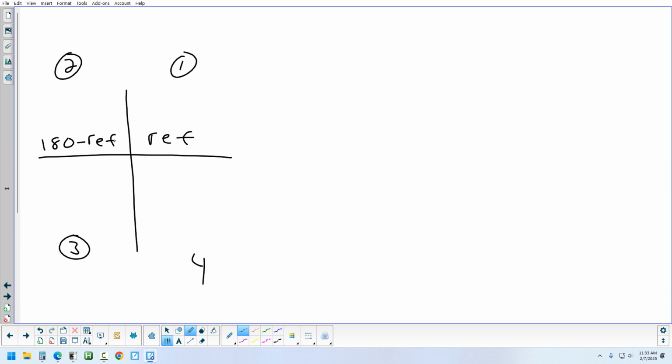How about in quadrant 3? 180 plus the reference angle. And quadrant 4? 360 minus the reference angle. We had that, I think, on Tuesday or Wednesday. Now I'm going to add something to it.